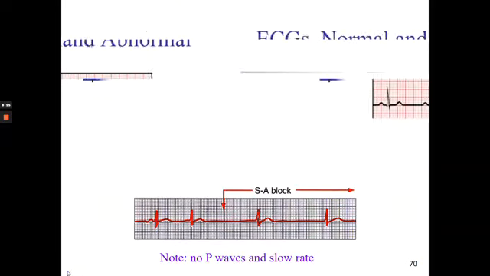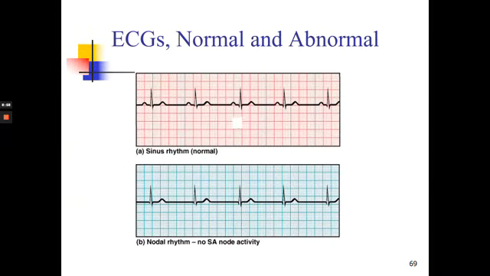ECG here, normal and abnormal. This is the normal. As you see, this is P, Q, R, S, T, and so on, QRST. This is normal rhythm.